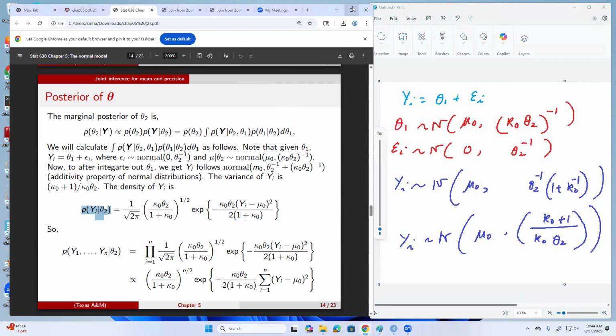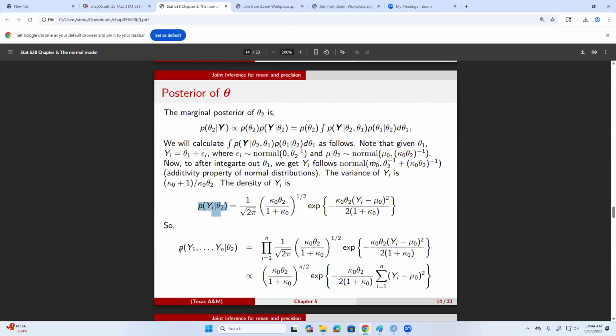Now, if you have n observations, then the likelihood function of theta 2 given the observed data will be the product of this density function. So it is the product over this, and it is k0 theta 2 over 1 plus k0, to the power n over 2, and e to the power this expression, summed over i equal to 1 to n.